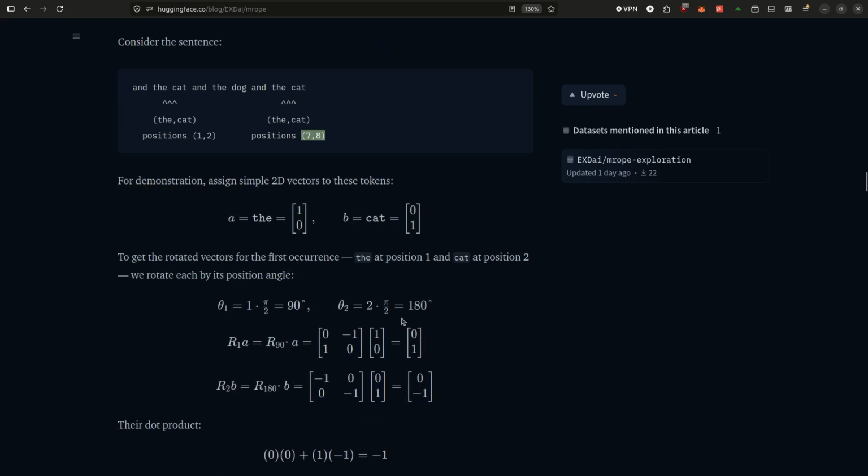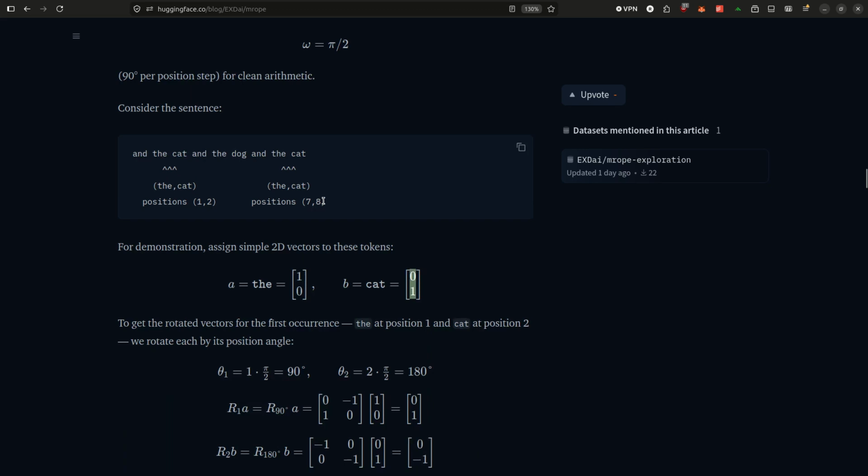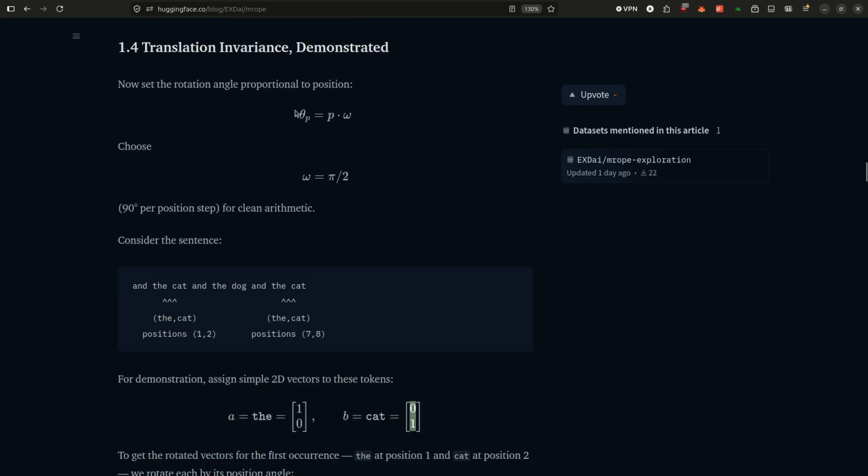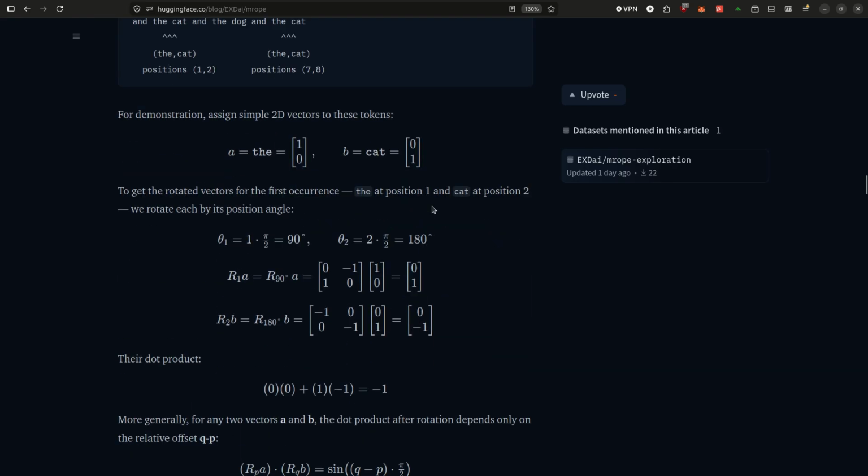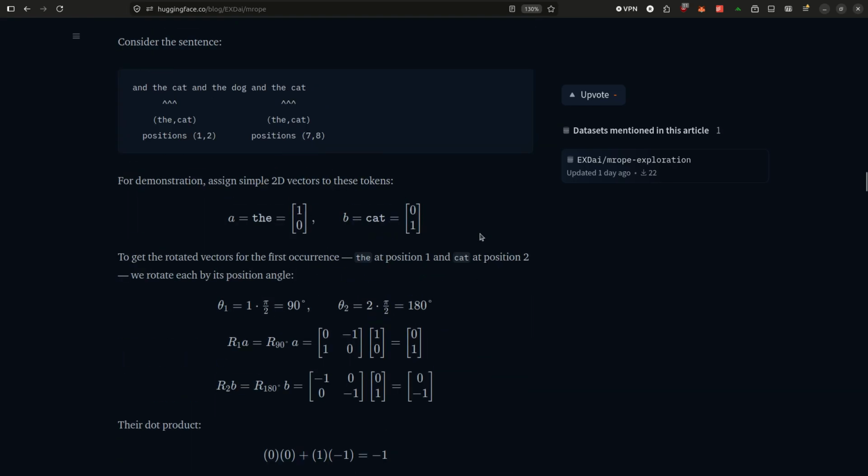Okay, so let's just assume that the is represented by 1, 0 and cat is represented by 0, 1. And let's assume that for rotational embedding we just rotate by 90 degrees, just for clean arithmetic.